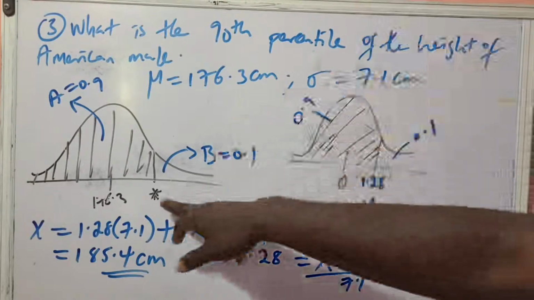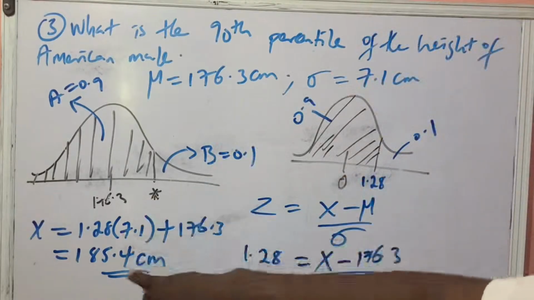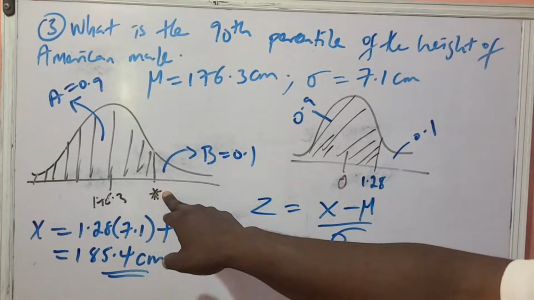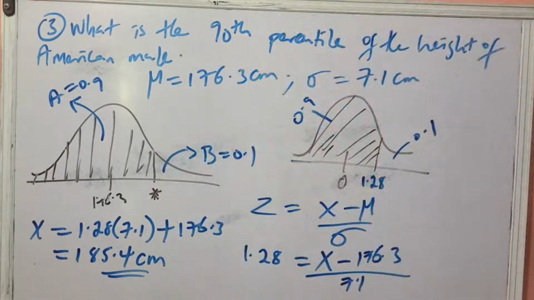Now, this is the conclusion for the 90th percentile. So if this star right here was 185.4, all right? Let me read the question again and tell you the answer now. What is the 90th percentile of the height of American male? The 90th percentile is 185.4, which means that I can say that 90% of American males had that 185.4 or less than 185.4.